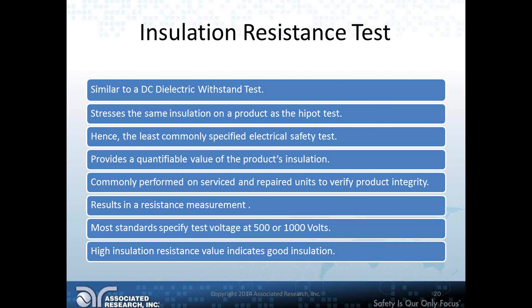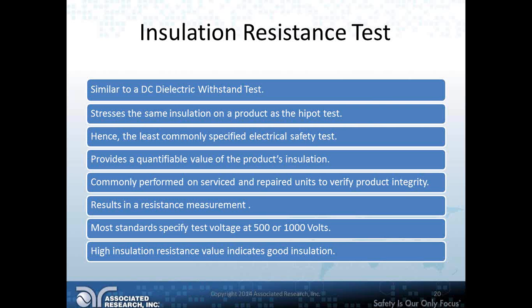So basically, starting with what this test does, just to summarize, the insulation resistance test measures the resistance offered by an insulating material to the flow of current resulting from an applied DC potential. The DC potential is normally applied between the current carrying conductors and ground.